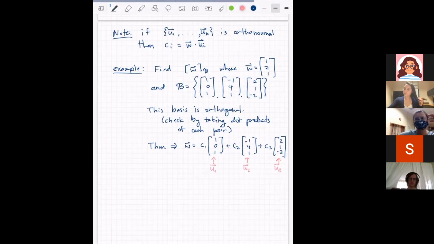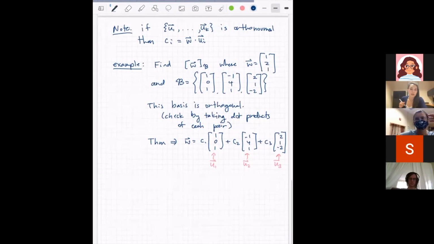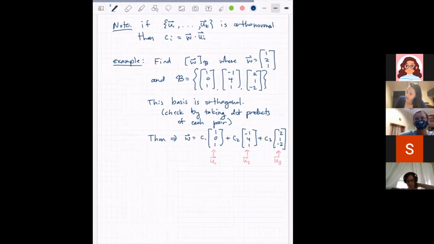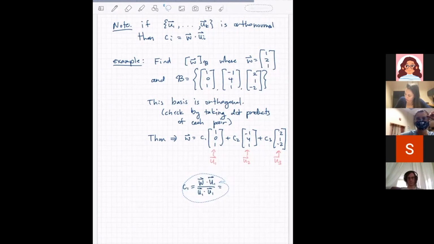The theorem tells us that C1 in this linear combination is going to be equal to W dot U1 over U1 dot U1, right? So I'm going to write out these vectors.